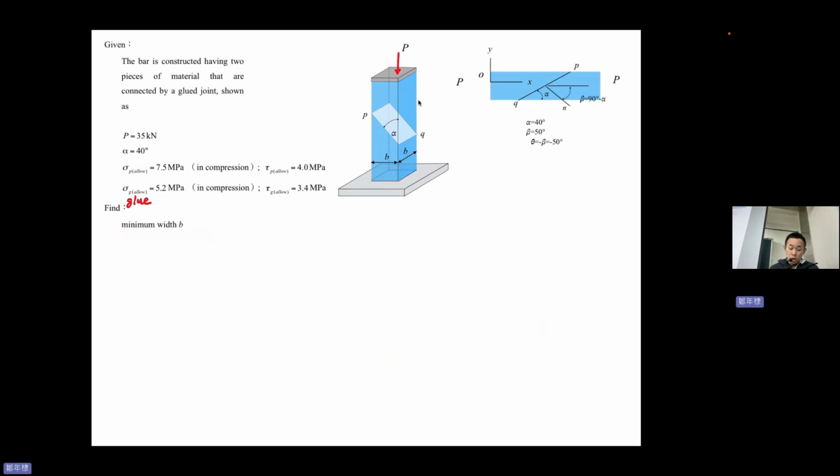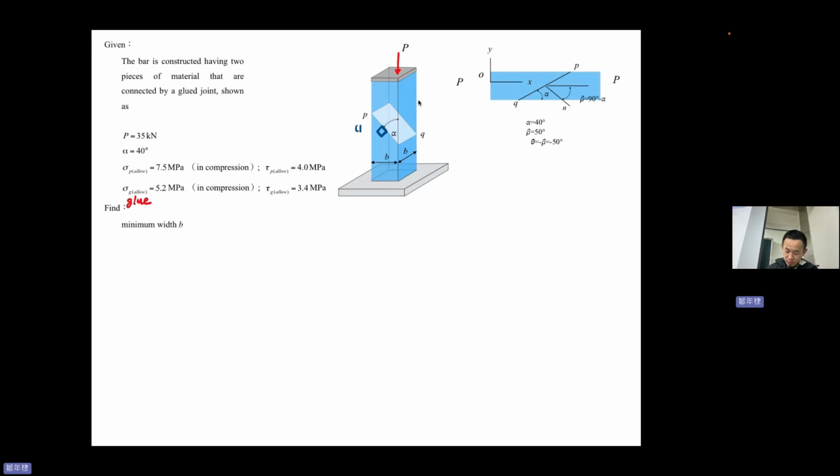This is a really interesting thing because you need to focus on three things. The first one is the stress element on that glue section.